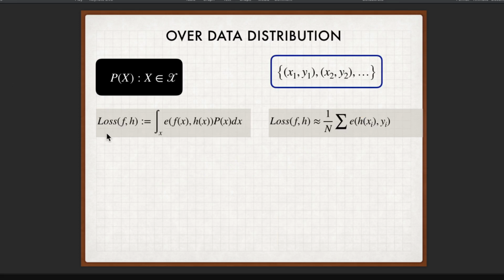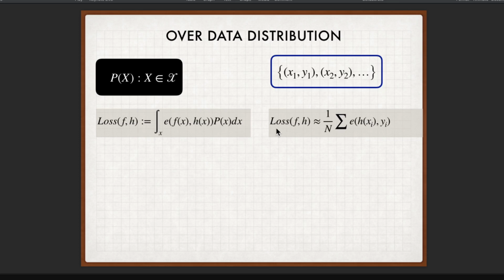We cannot directly compute this integral because, for one thing, we don't know the target function f(x). For the second thing, we don't know the data distribution. So the integral is not computable.